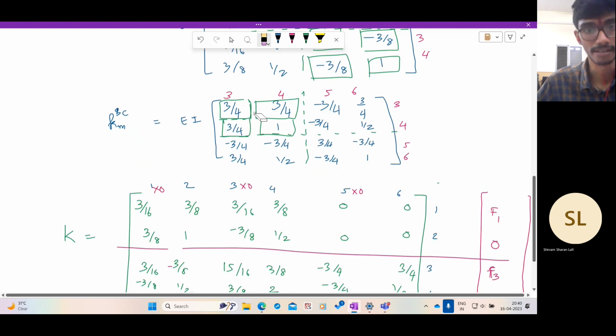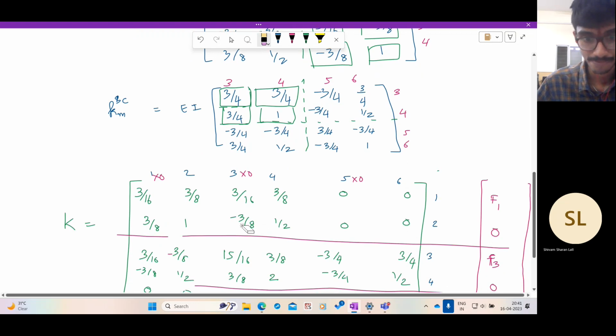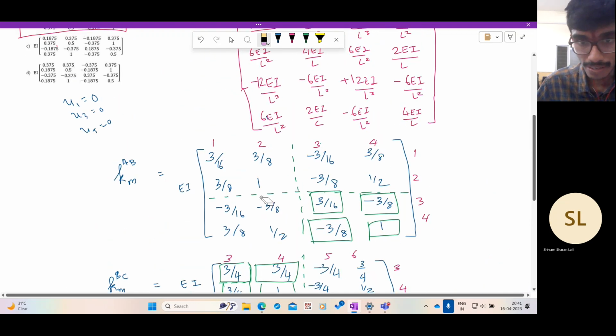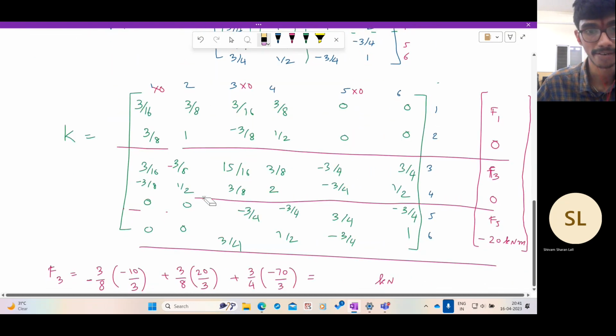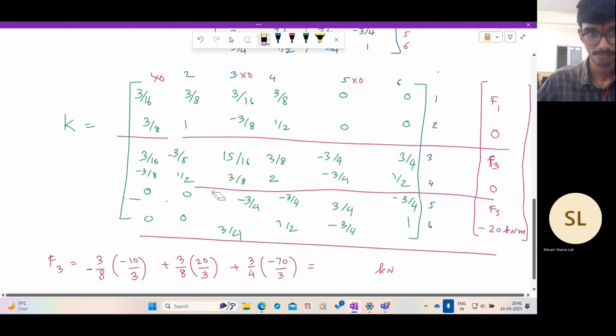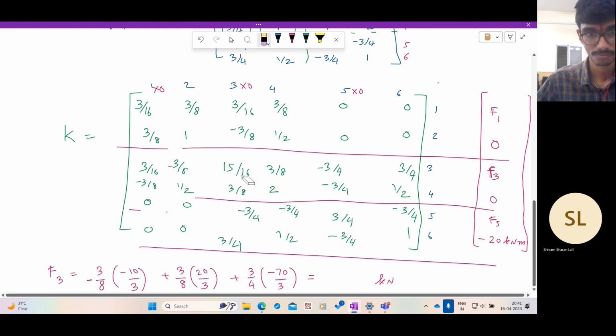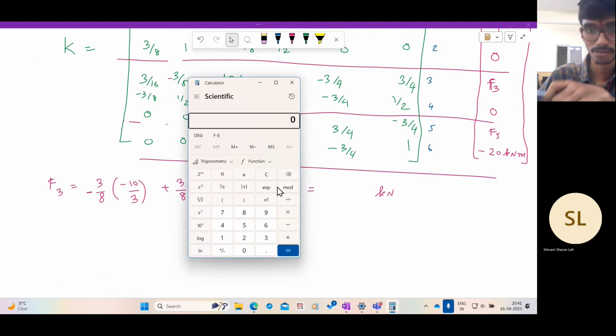Just a minute, check the stiffness matrix. Entry 2,3 is minus 3 by 8, and 3,2 is also minus 3 by 8. That is okay.